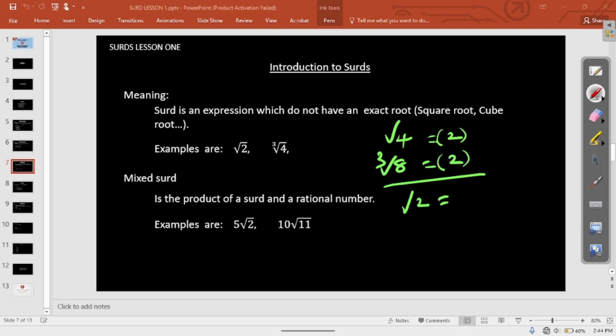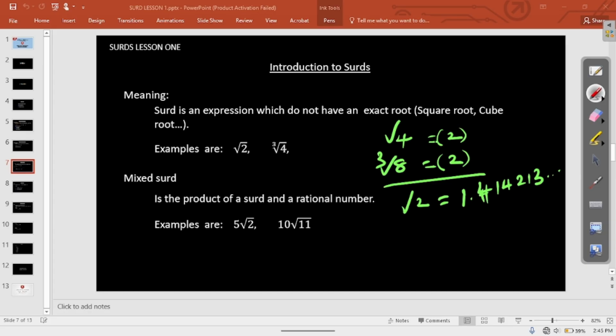So looking at the square root of 2, for instance, we get a very large number on the decimal end, that is 1.14213, and it keeps going on.